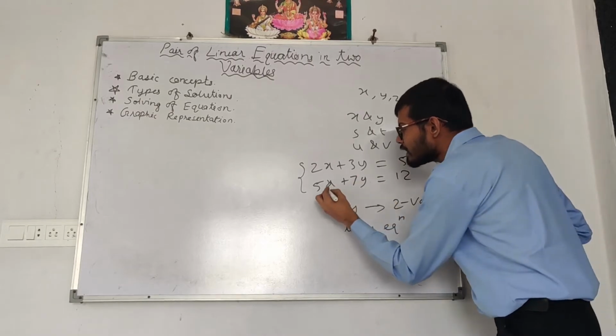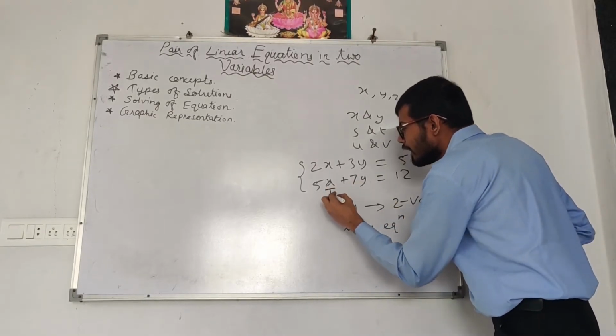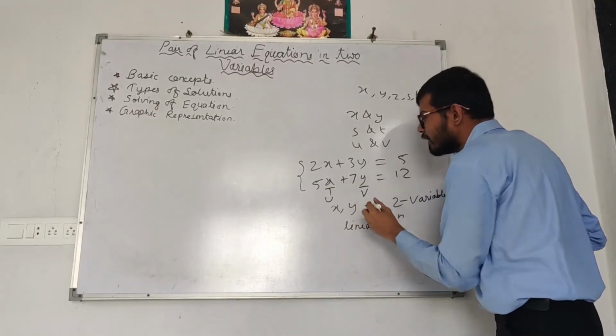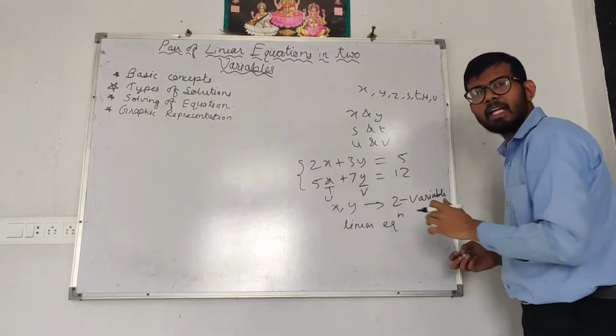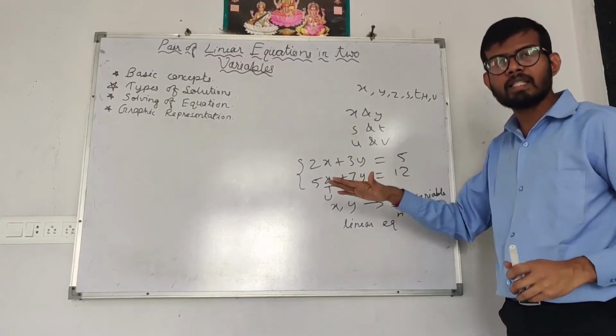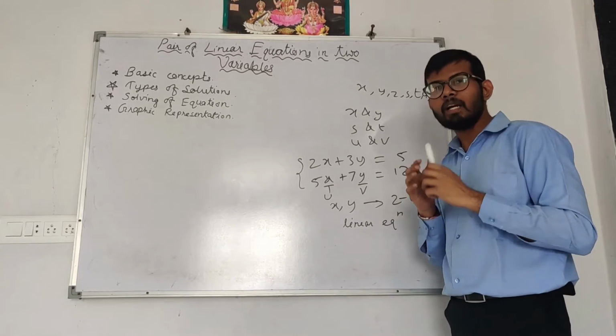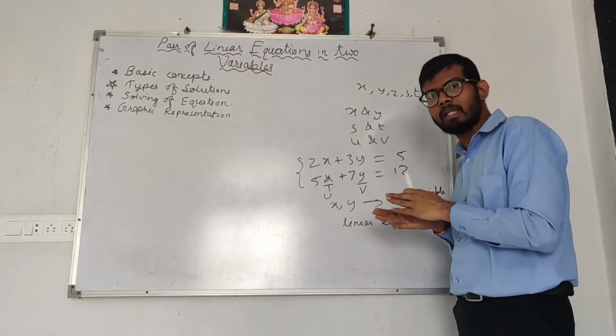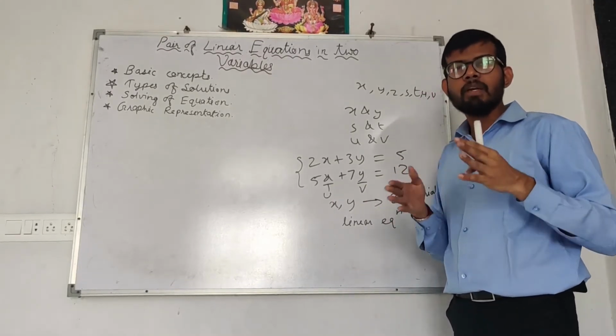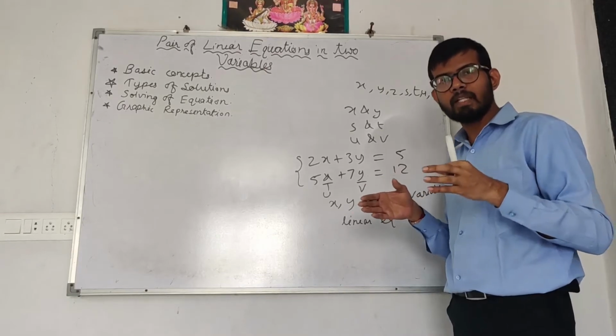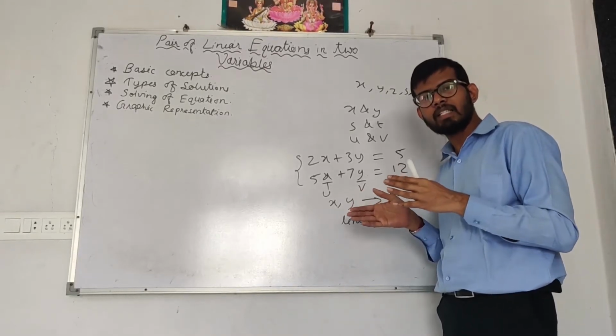If instead of x there was u, and instead of y there was v, then the two linear equations cannot be considered as a pair. Because to be a pair, both should have the same variables, such as a pair of shoes. If you have two shoes with the same color and same looks, then they can be considered a pair.